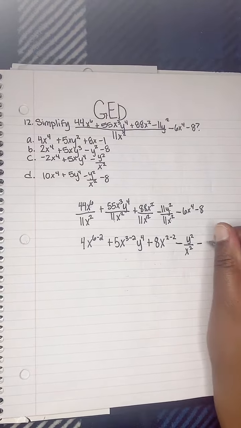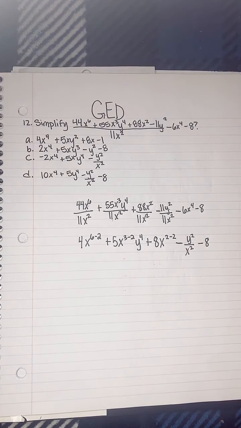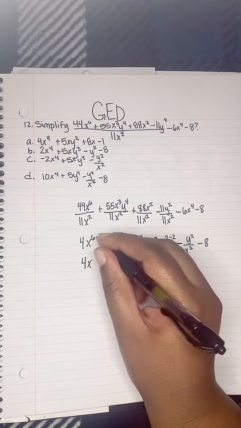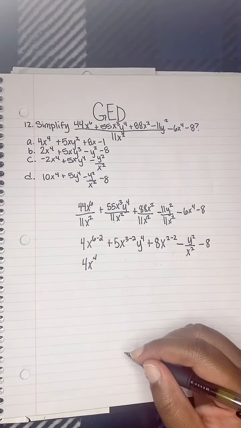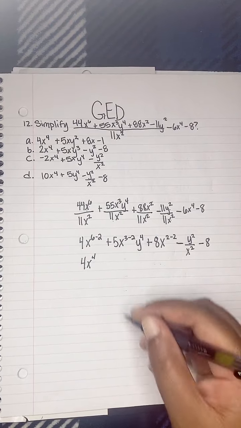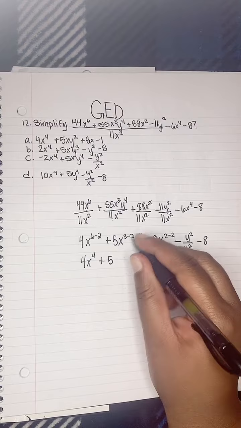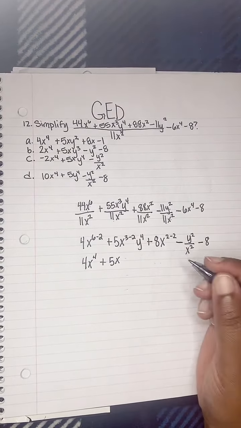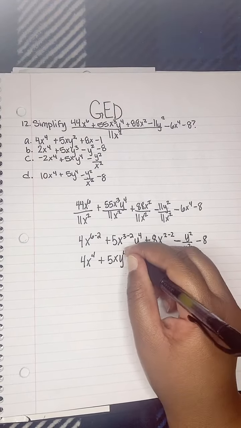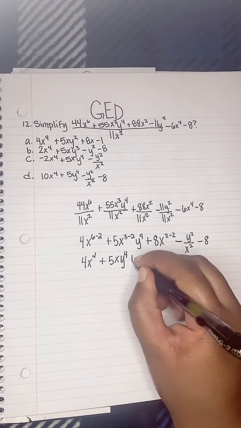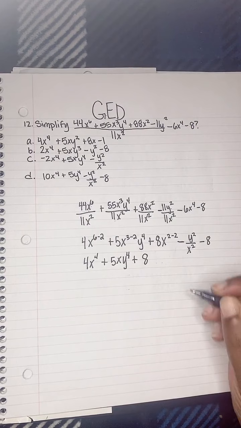Okay. And then minus 8. So we're going to simplify this a little bit more. 4x, 6 minus 2 is to the fourth. Plus 5x, 3 minus 2 is just x, y to the fourth. And then plus 8.